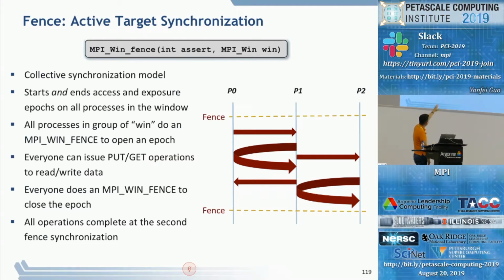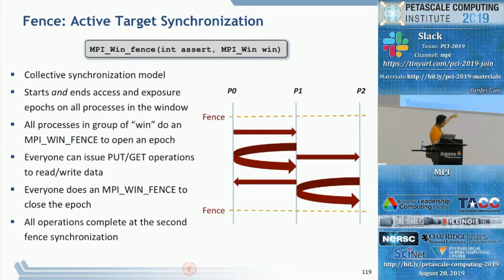Then after all the operations have been issued, everyone will call MPI_Win_fence to do another fence call, and this may take a little bit of time because some of the operations may not be completed yet. But eventually, when the fence call returns, you know all these operations have been completed, my memory is in a consistent state, and I can keep doing whatever other operations.